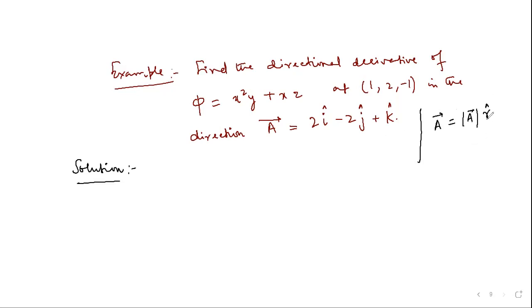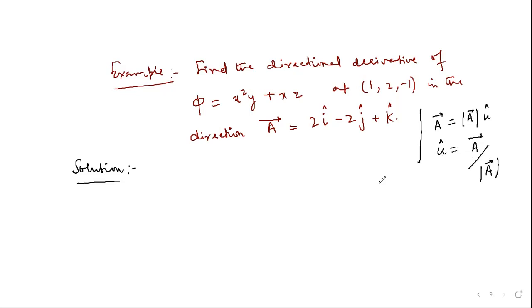Now if u cap is a unit vector in the direction of A, then I can write vector A equal to magnitude of A into unit vector in the direction of A. That means the unit vector in the direction of A can be written as vector A divided by magnitude of A. This is true for any vector.